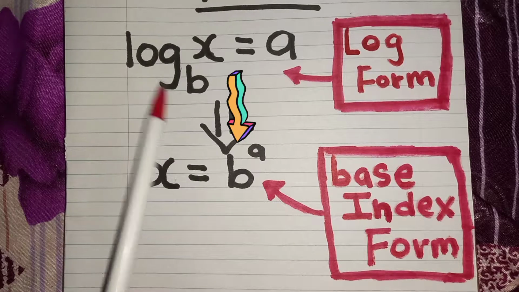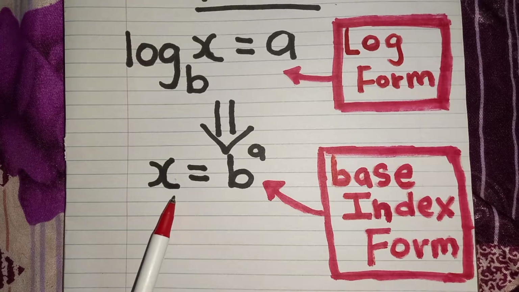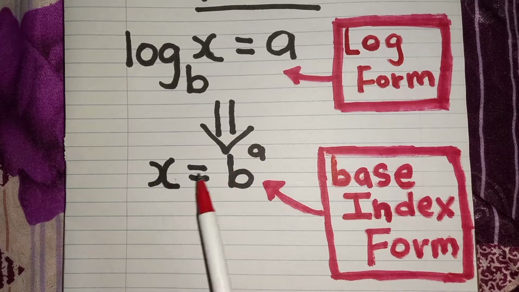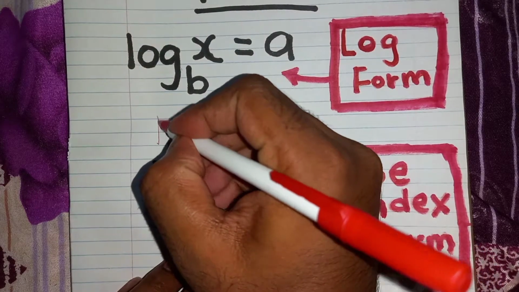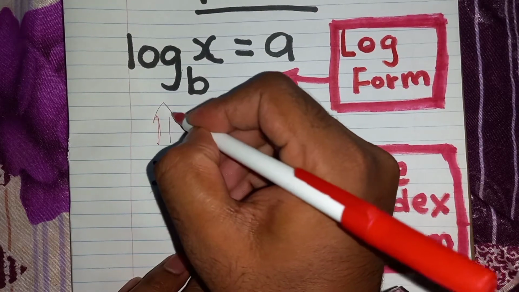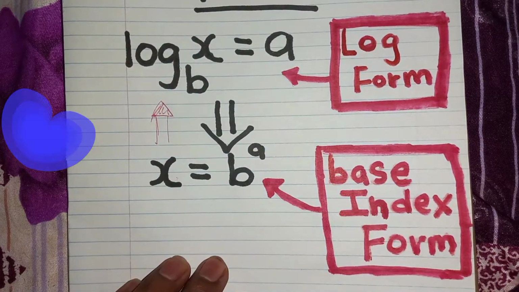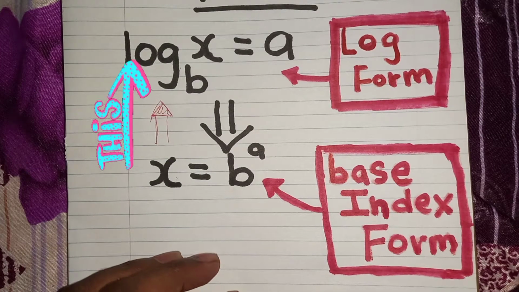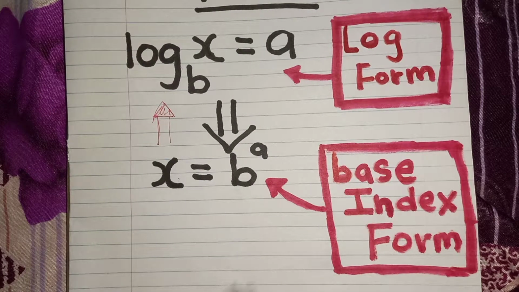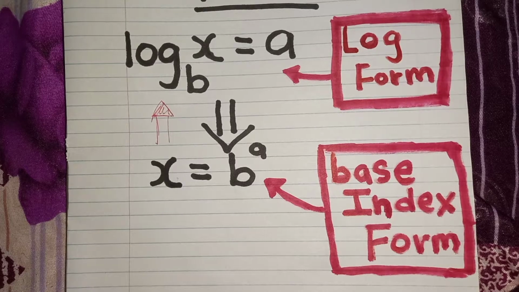So from here you have to go here, and likewise if you have something in base index form, then you can also go in the opposite direction. So both ways I'm going to talk about in this video.